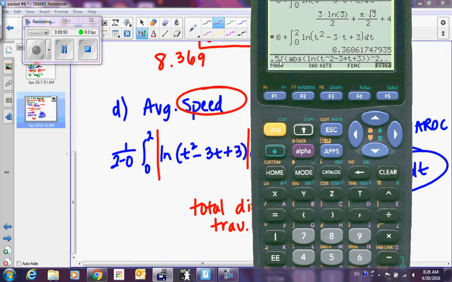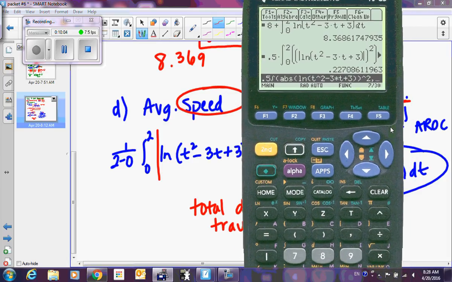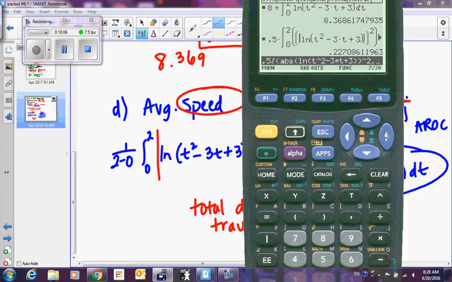And if you put in 0.5, it'll automatically give you the decimal. Okay, I have a squared there, which I don't know what happened with that. Did not want that.